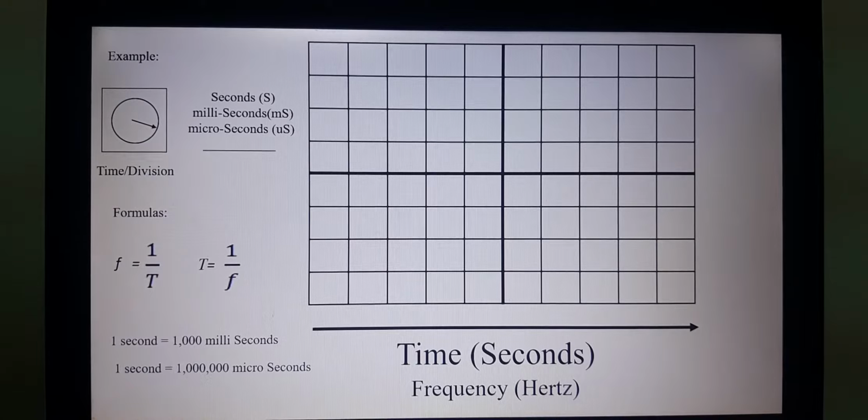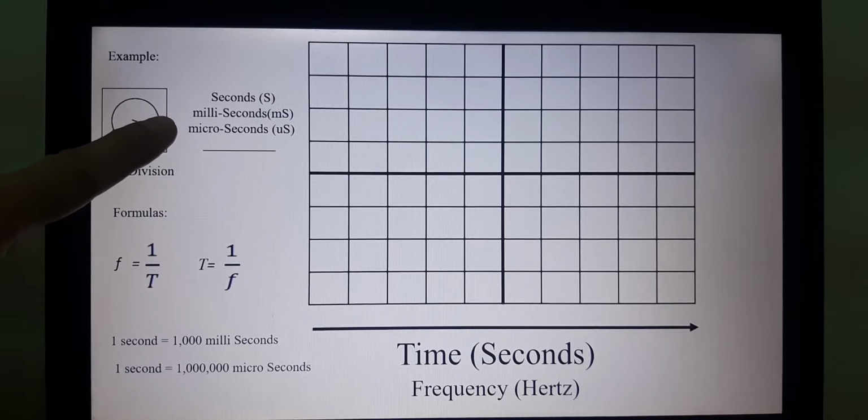Now let us concentrate on the horizontal part of the display or the graticule of the screen. What are the things to be considered in studying the horizontal part of the display? We need to consider the time per division knob, which can be set to seconds, milliseconds, or microseconds.